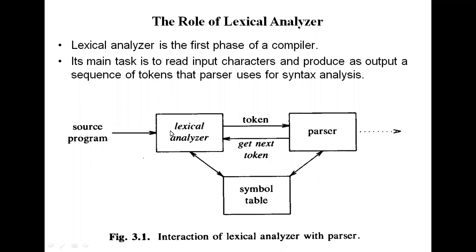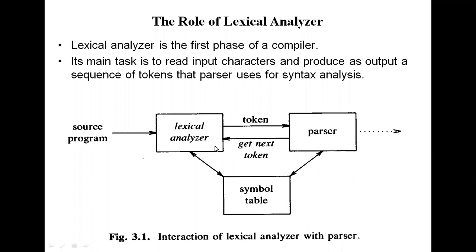What it means is, taking the source program, by implementing the lexical analyzer I need to scan the program. First, initially scanning the input program, then generating the tokens. After generating the tokens, each and every token is sent to the parser. The parser has a request, get next token.